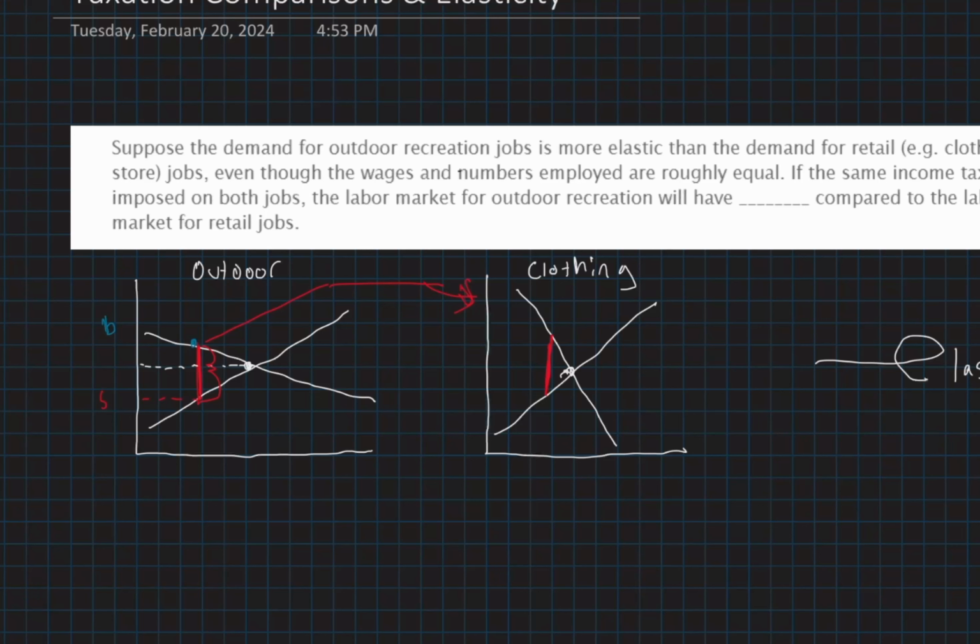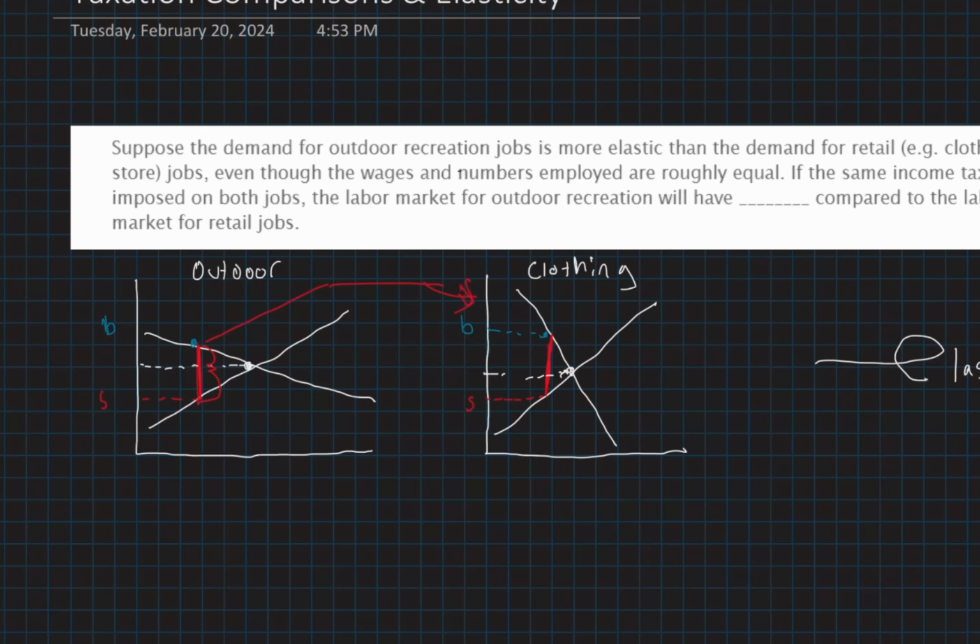Okay, it's roughly the same length of the line. And then we have our new buyer price, and this is our seller price, and this was our previous equilibrium.